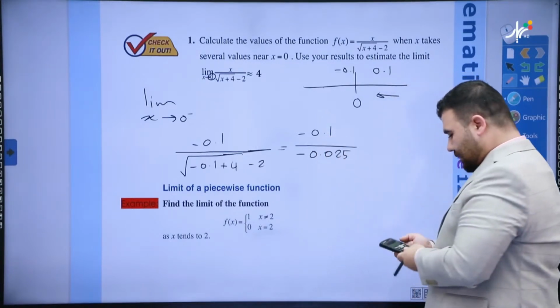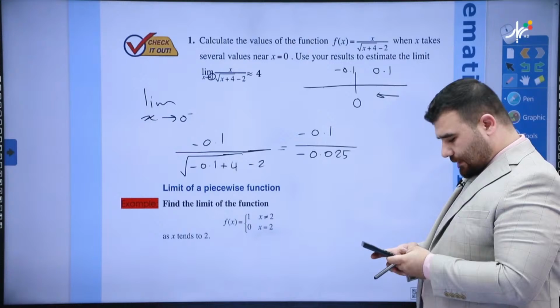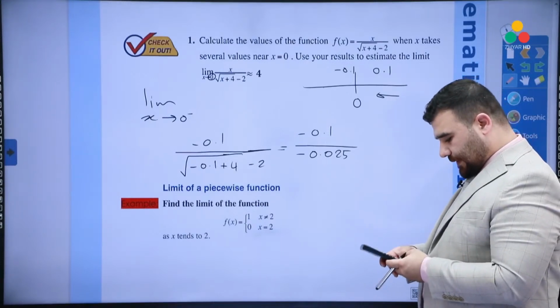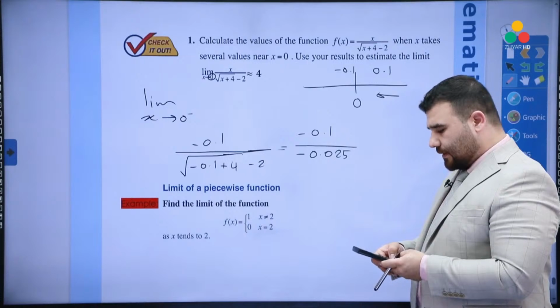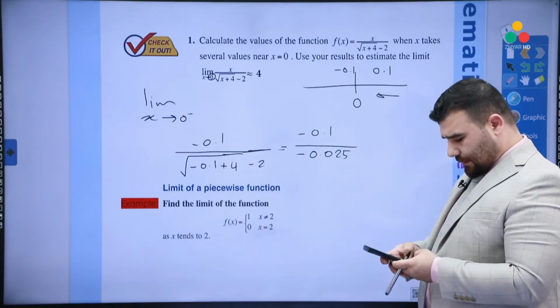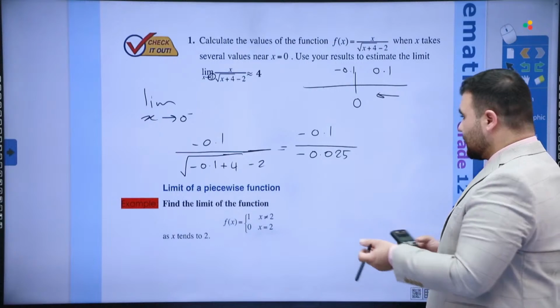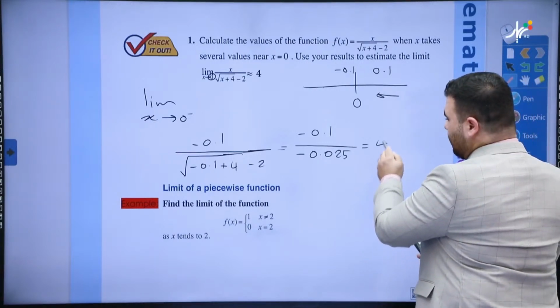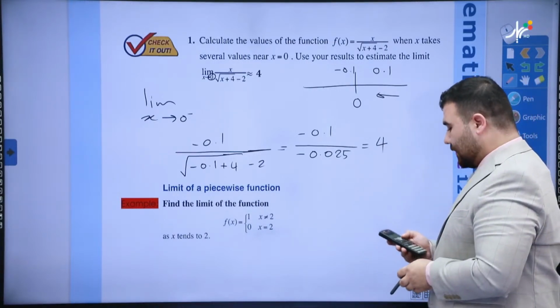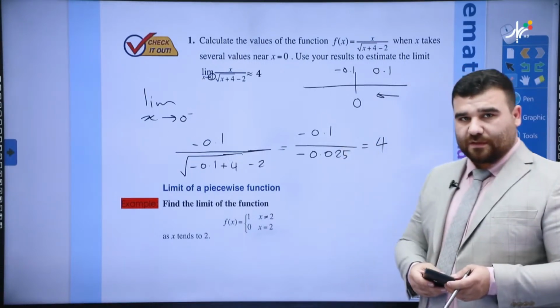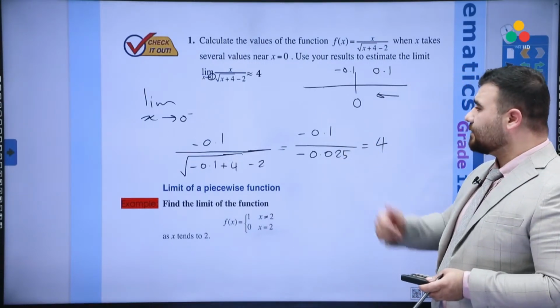Now doing this division, negative 0.1 divided by negative 0.025. The result is 4. All right. Now, if we put 0.1 in place of x, that was the left limit.